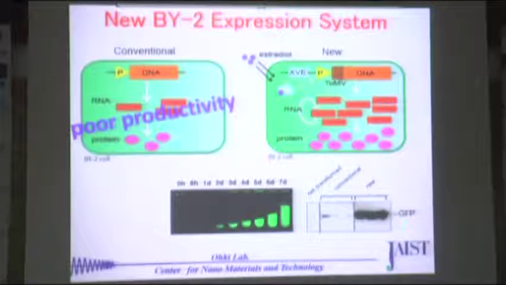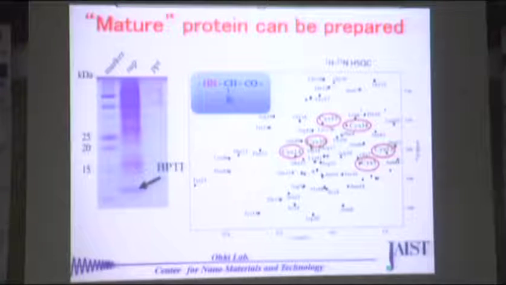Our system gets a huge amount of GFP compared to the conventional method. And this system has another advantage: it can produce mature protein containing disulfide bonds, phosphorylated samples, glycosylated samples, and so on.